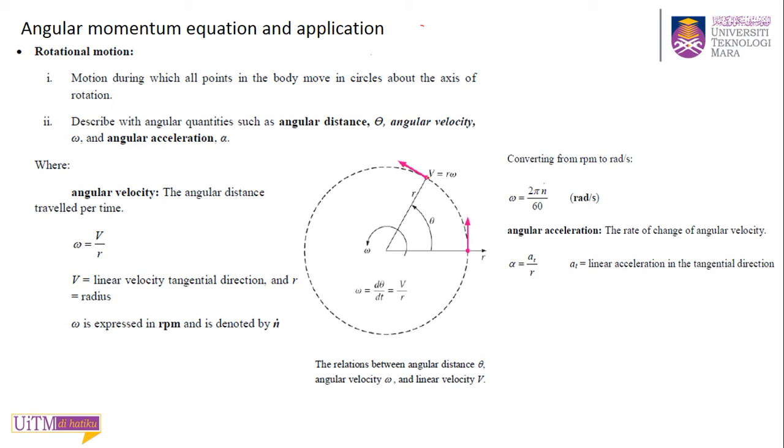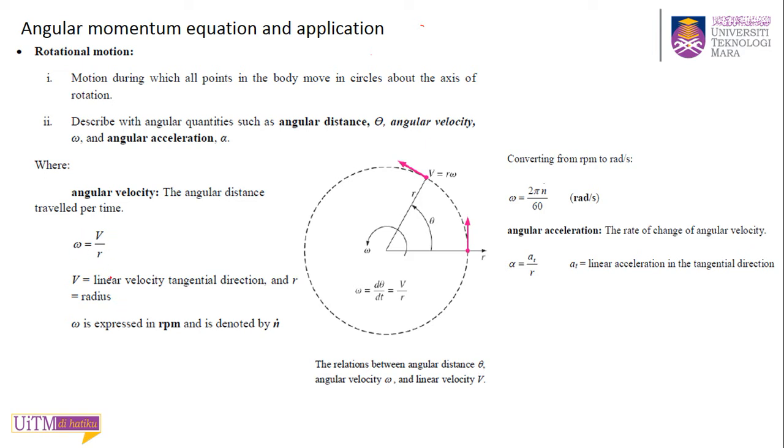The object still has the linear velocity, tangent to the circle. So this linear velocity divided by the radius R will give you the angular velocity.